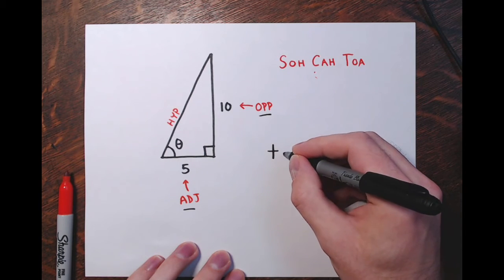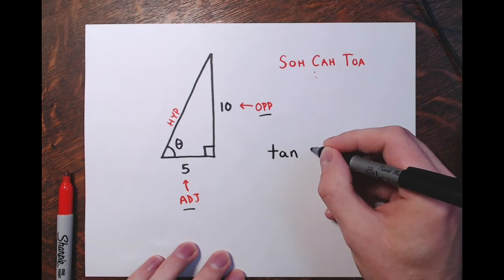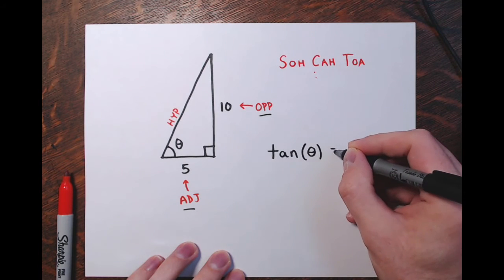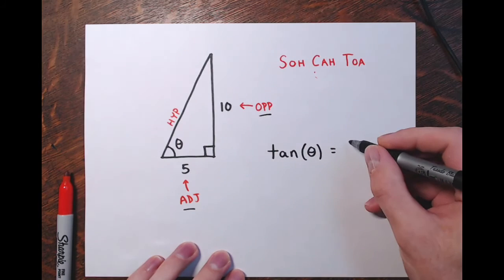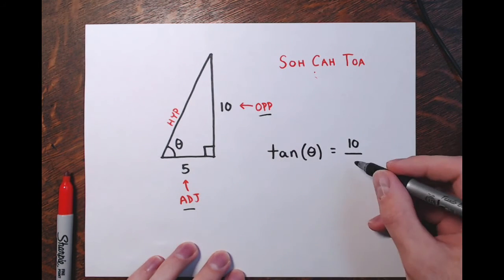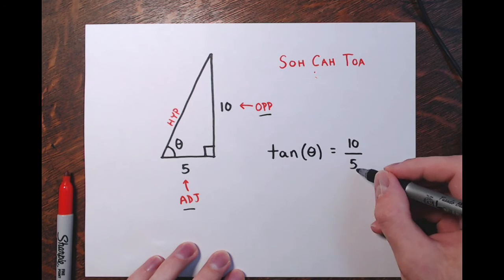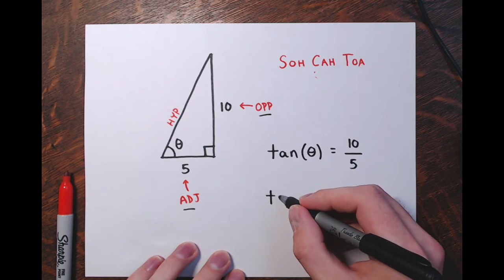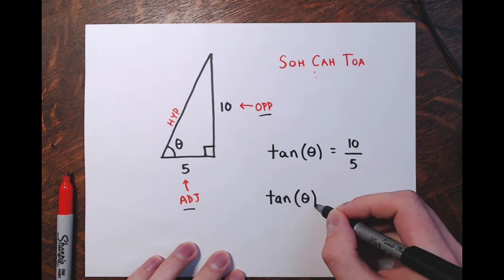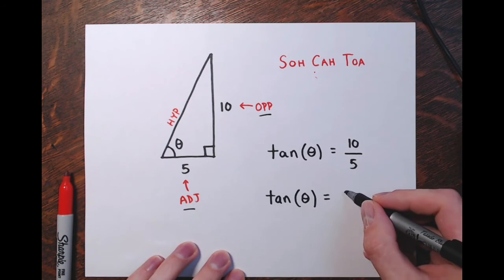So I'm going to set up this equation. The tangent of this angle theta is the length opposite, 10, divided by the length adjacent, 5. Now 10 divided by 5 is 2. So we have the tangent of this angle is 2.